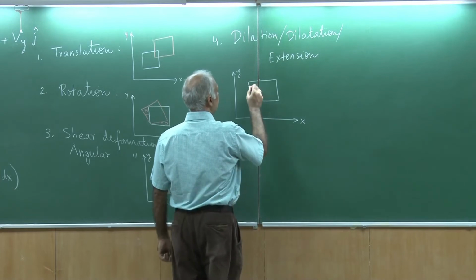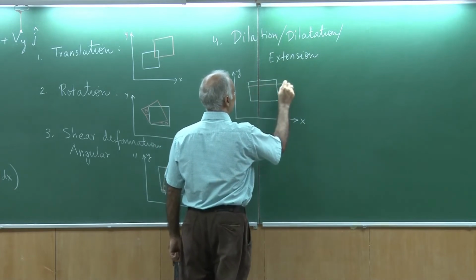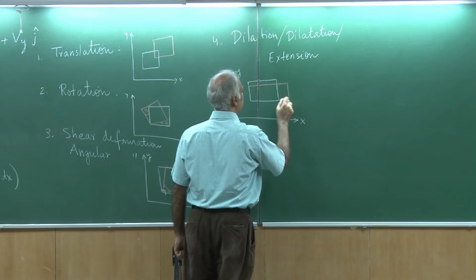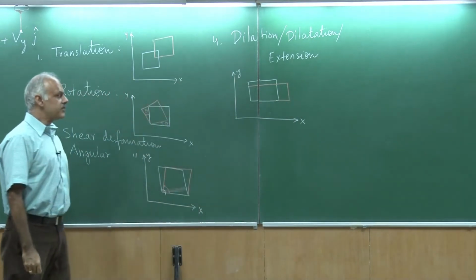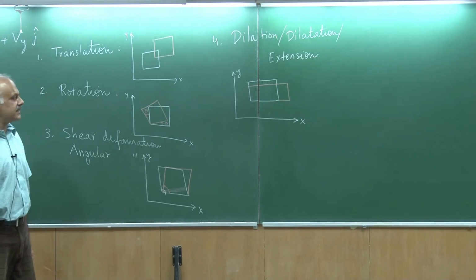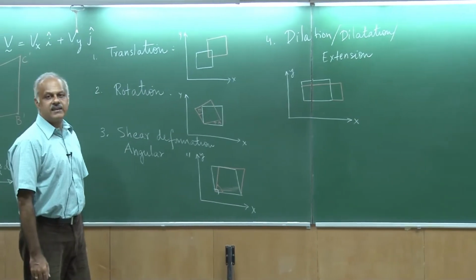So, possibly I could have an element that looks like this. So, one of the edges or more than one of the edges got extended.